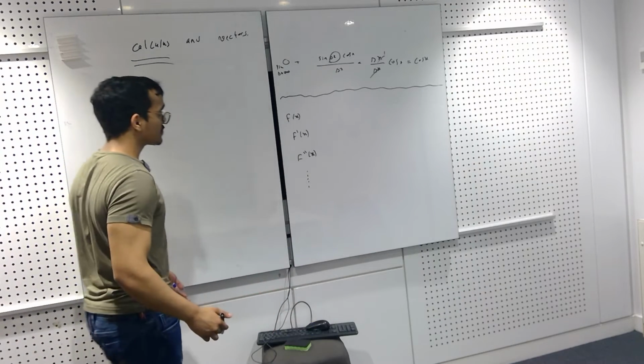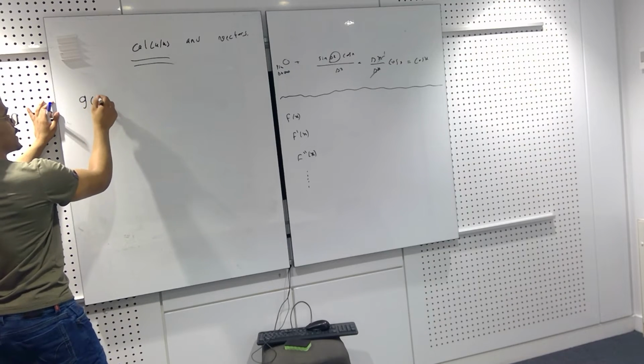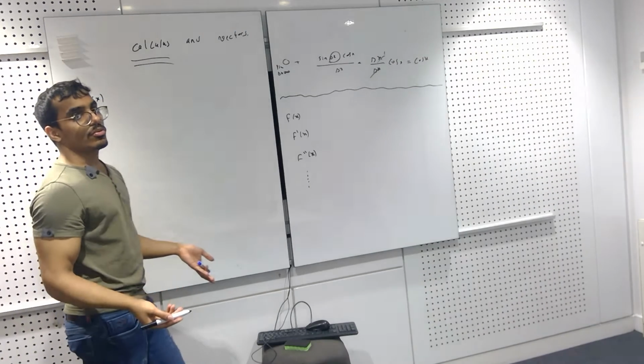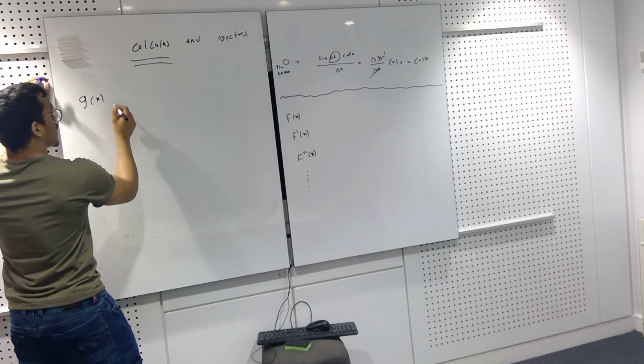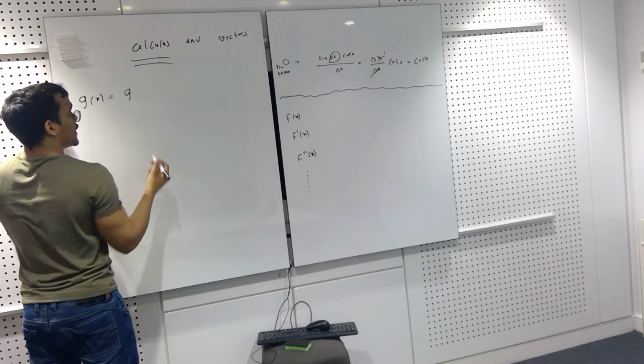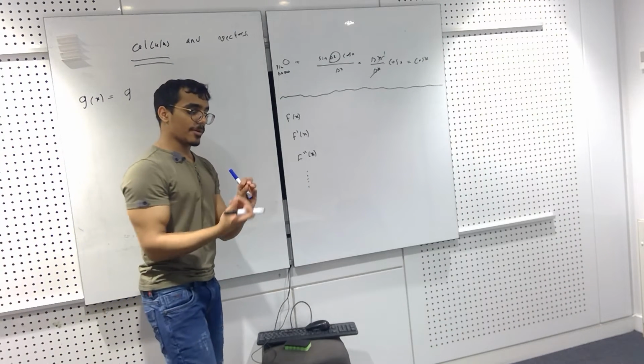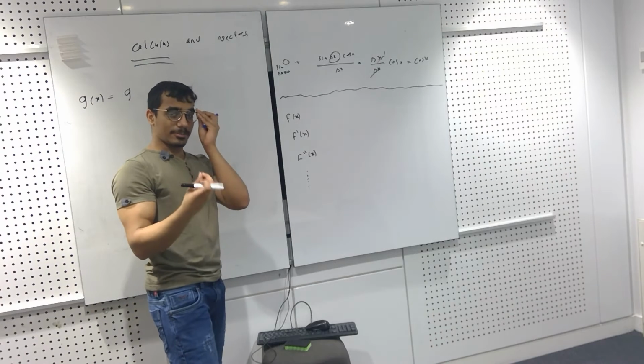It's easy. If you have a function g of x, right now we're just dealing with a one dimensional function, you can write it as a series. If you want to find this Taylor series, you have to find it about a specific point.